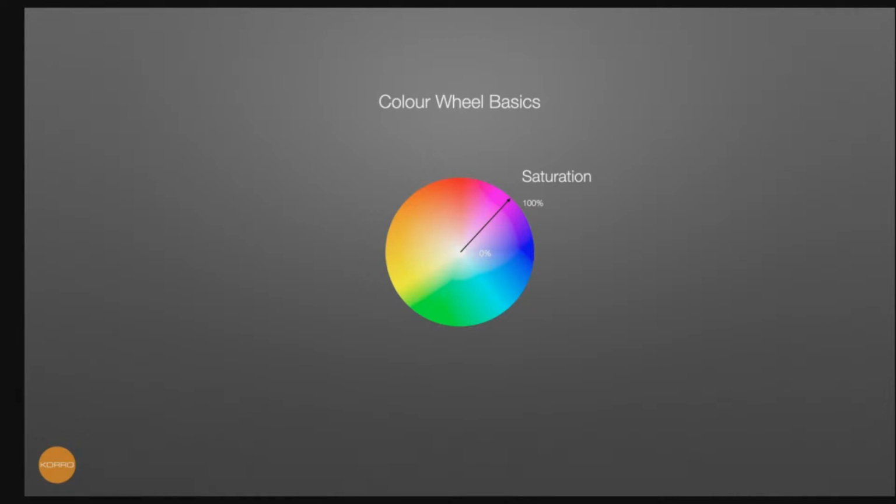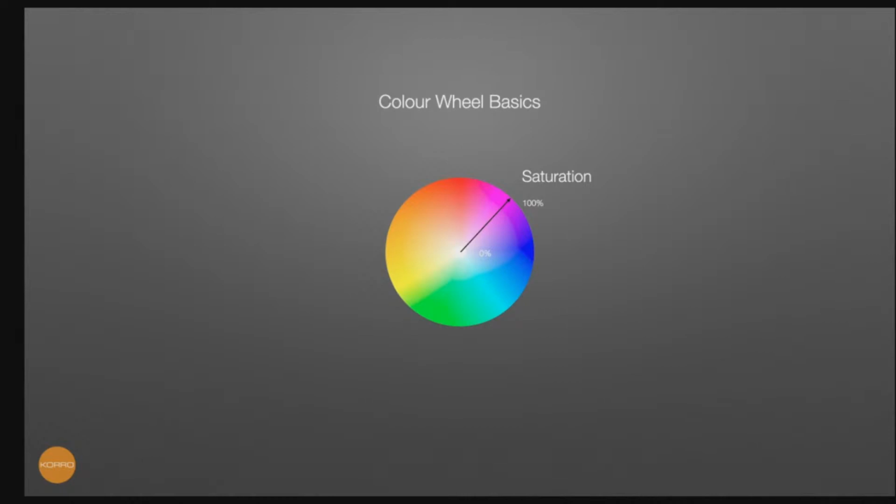So if we imagine that this was a dartboard and we threw a dart at this color wheel, wherever that landed, that would be a combination of a hue value in angle and a saturation value in percentage, which together give us our chroma reference or chroma value, which is about as close as we get to color in this area.